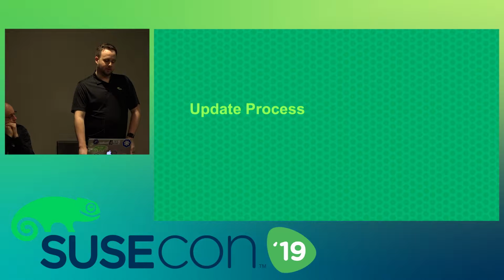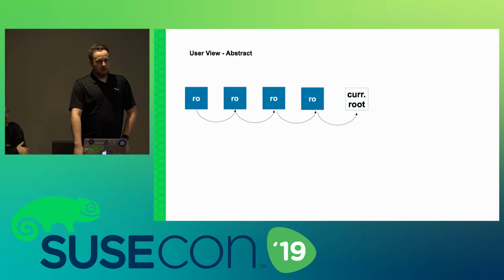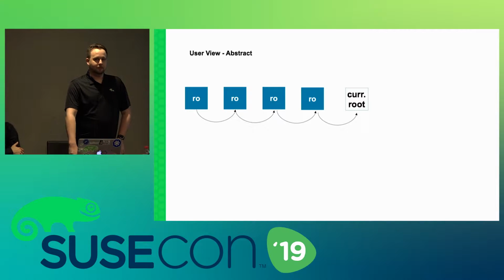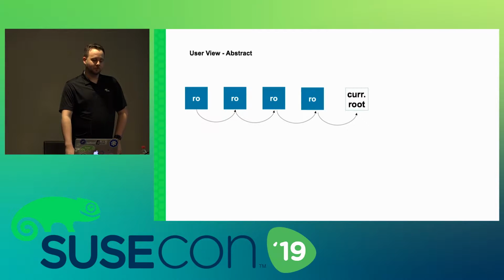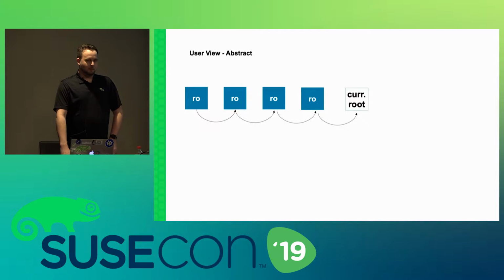So first, just a quick word about the transactional update process. It's probably one of the biggest questions we get at the moment. A lot of people are aware that at the moment we have a read-only file system with SUSE CaaS Platform, or more accurately, SUSE MicroOS, and they wonder how that works.